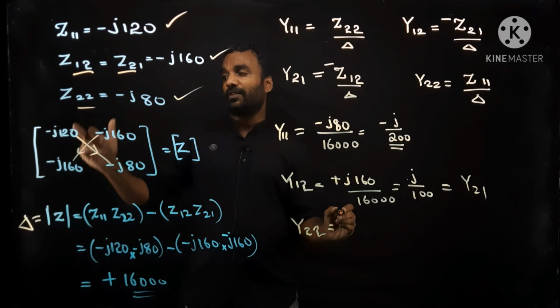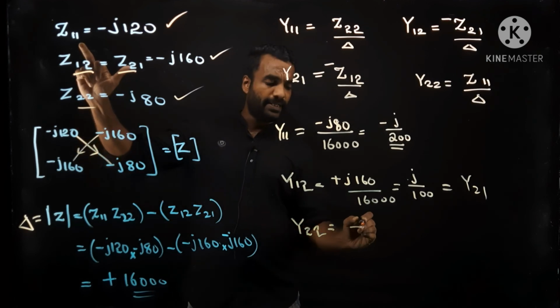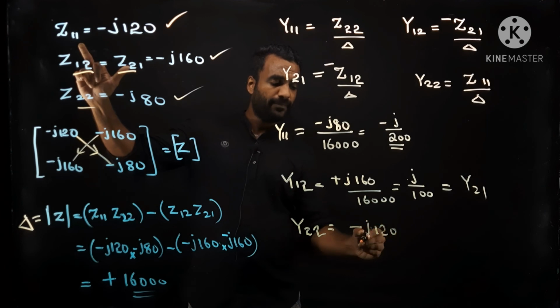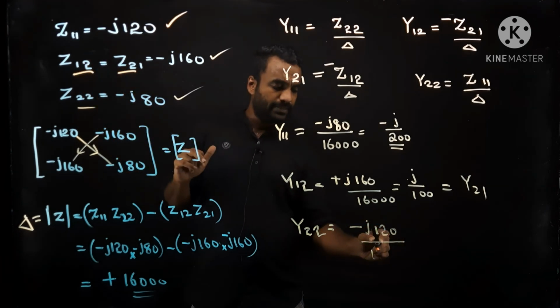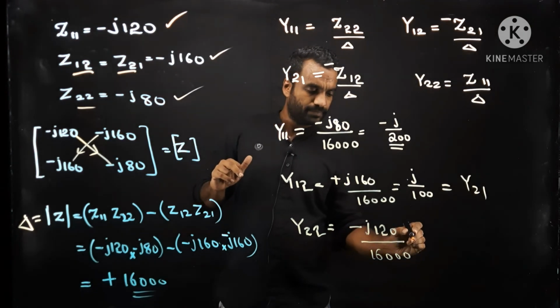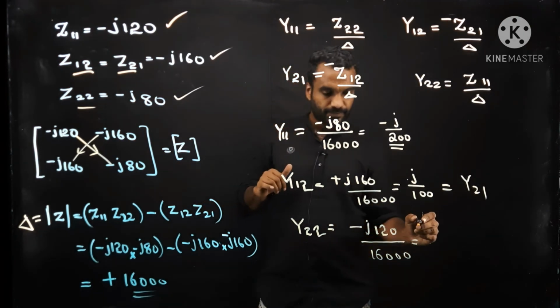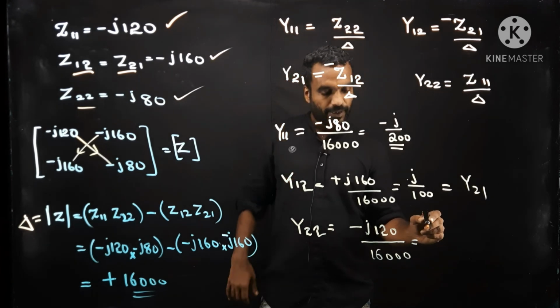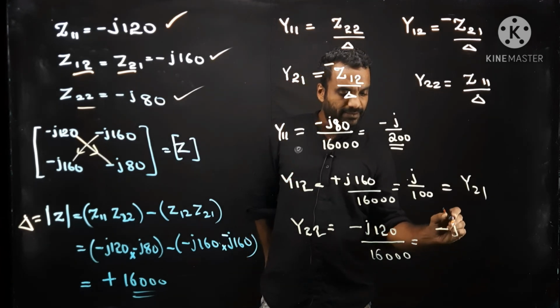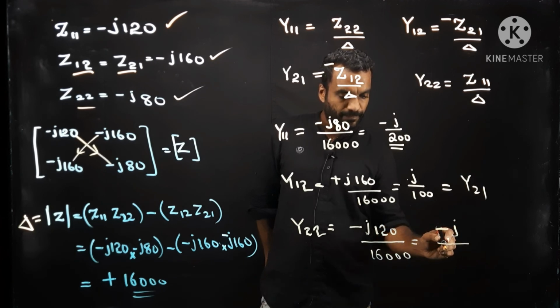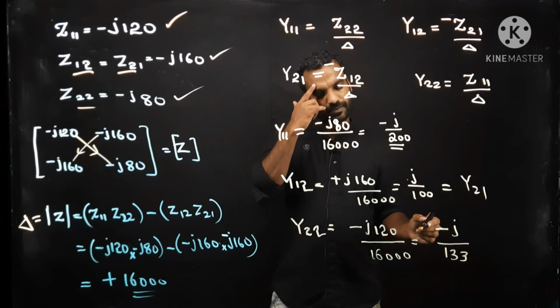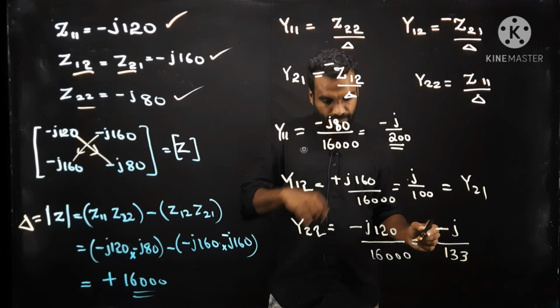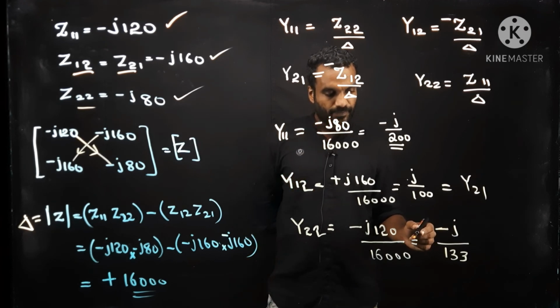And Y22 is equal to Z11, that is minus J120, divided by 16,000. This will be minus J by some value.